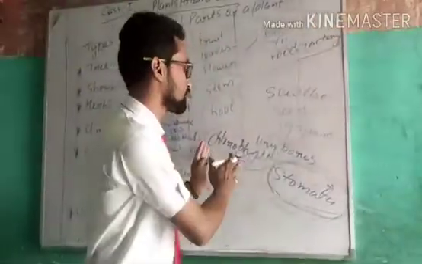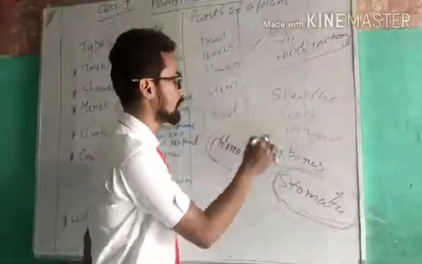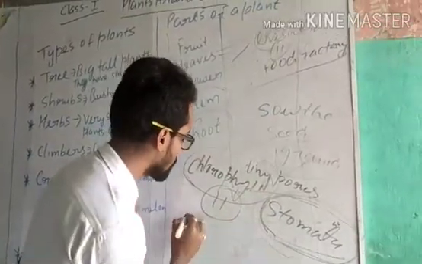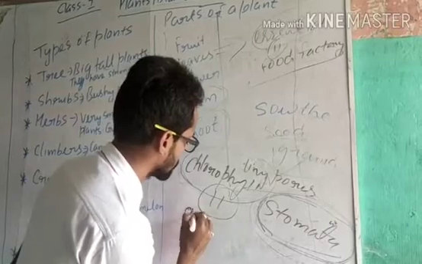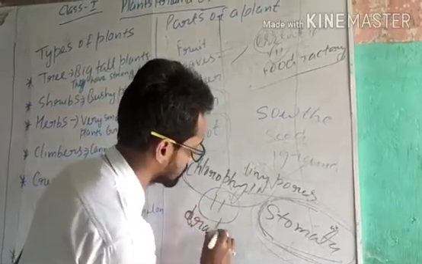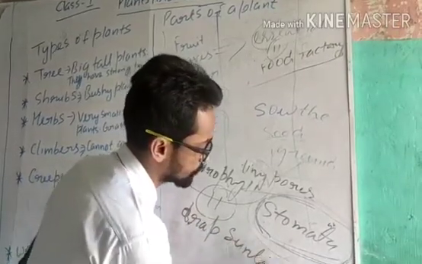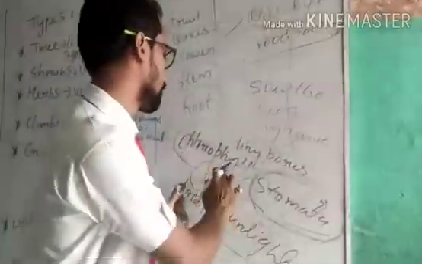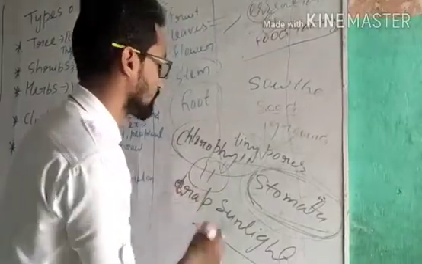And what is the function of chlorophyll? The main function of chlorophyll is to trap sunlight.